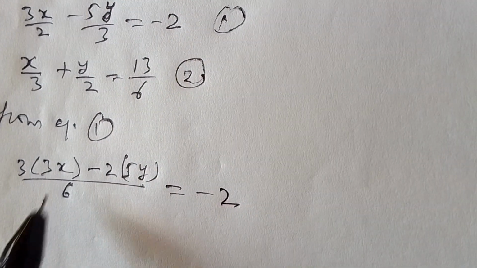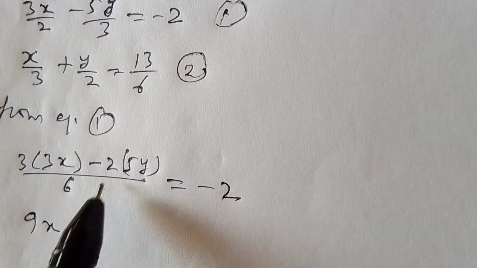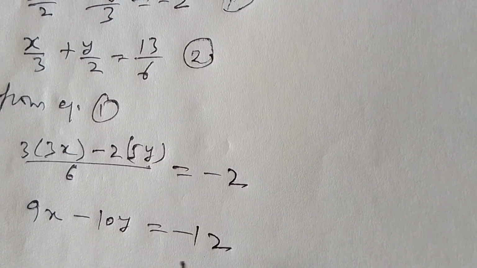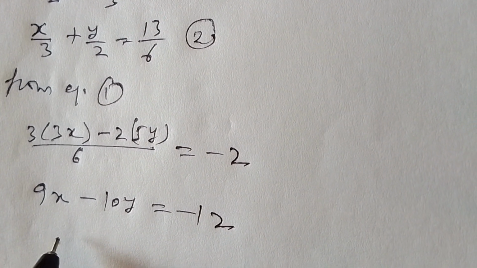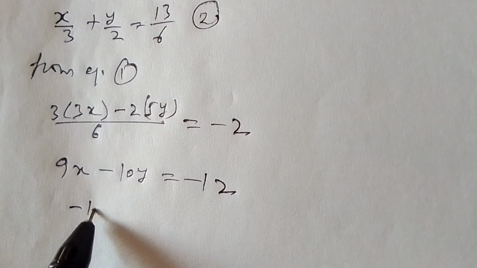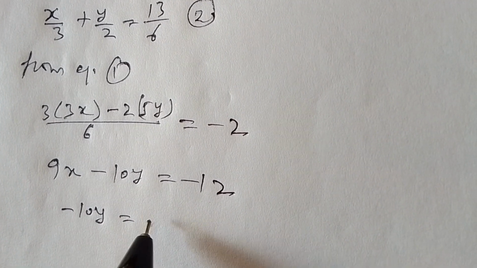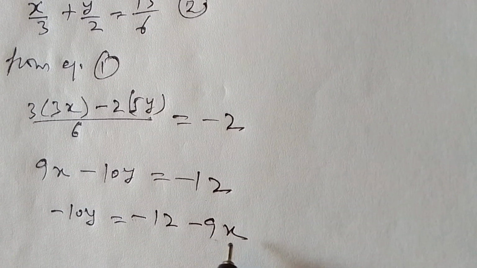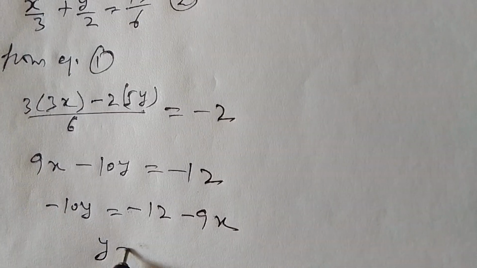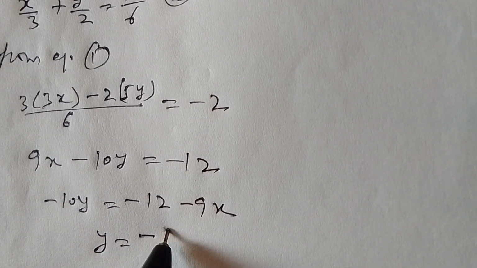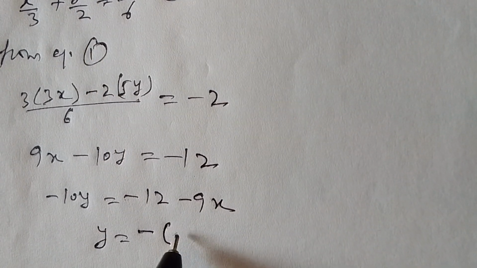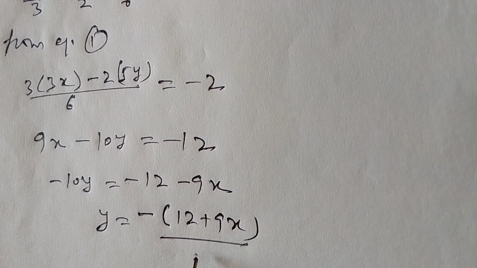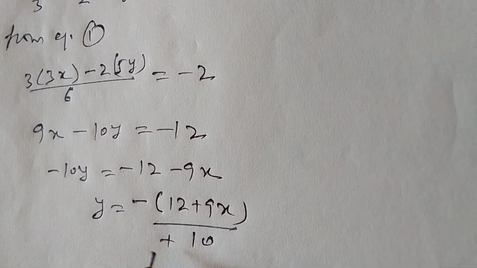So 3 threes are 9x minus 2 fives are 10y is equal to minus 12. So from this, minus 10y is equal to minus 12 minus 9x. So y is equal to minus, keeping the sign outside, (12 plus 9x) divided by 10, minus sign cancelled.